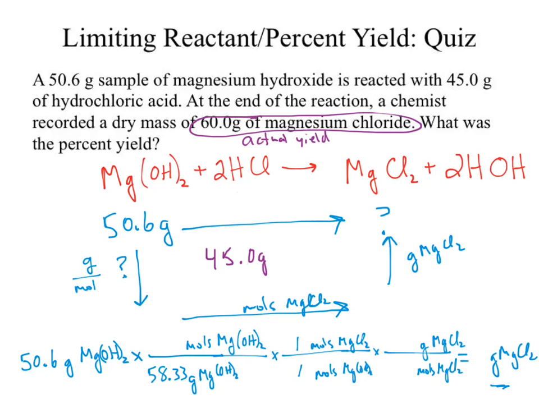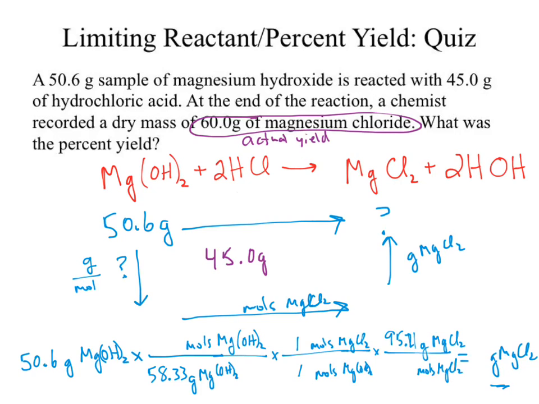So we go back to the periodic table, 35.45 times 2 plus 24.3, and the number is, what was that, 95.21. Okay, we now have a theoretical amount of magnesium chloride that could be produced.